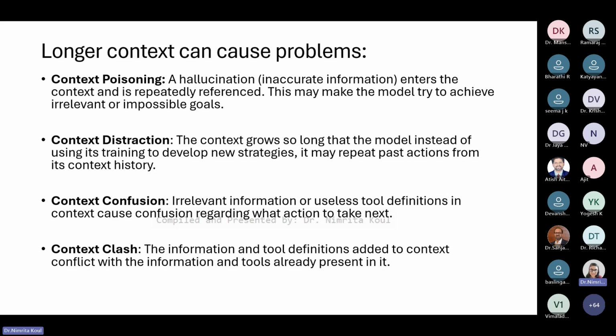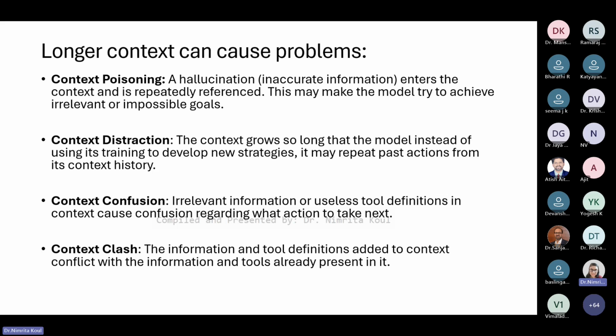Sometimes context confusion can result when you have useless or irrelevant information inside the context. There are tools which are not relevant to the task you have given to your agent. And the final situation is a context clash, which means there is a tool inside your context which is doing X, and there is another tool in the context which is telling it to not do X, or undo X. So there is a conflict or a clash within the context itself.